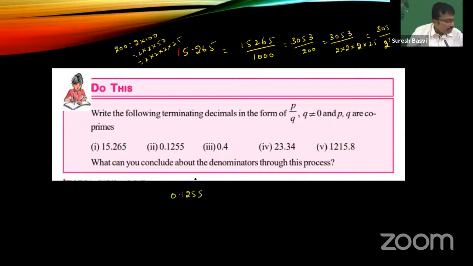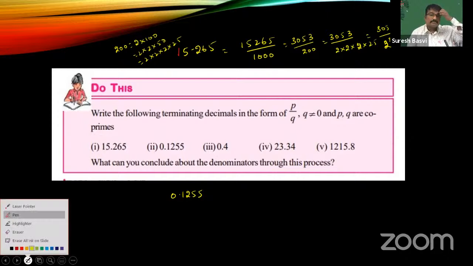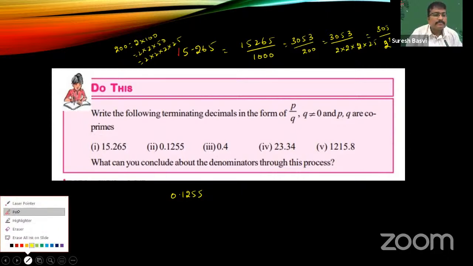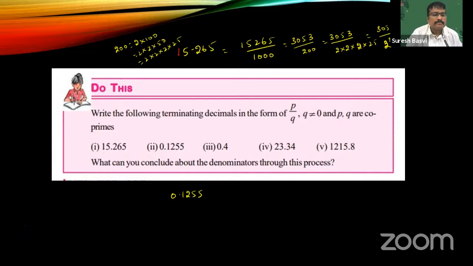Next, I am going to take 0.125. So, is there any problem to see? So 0.1255 by 10,000.